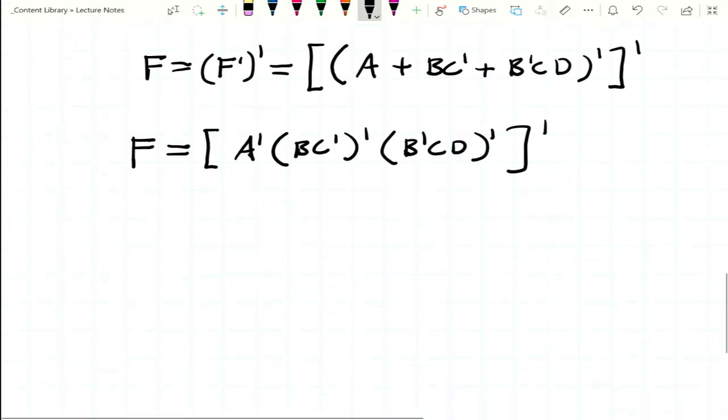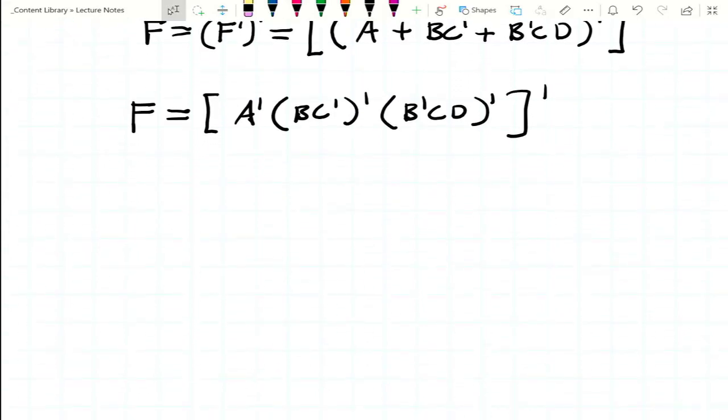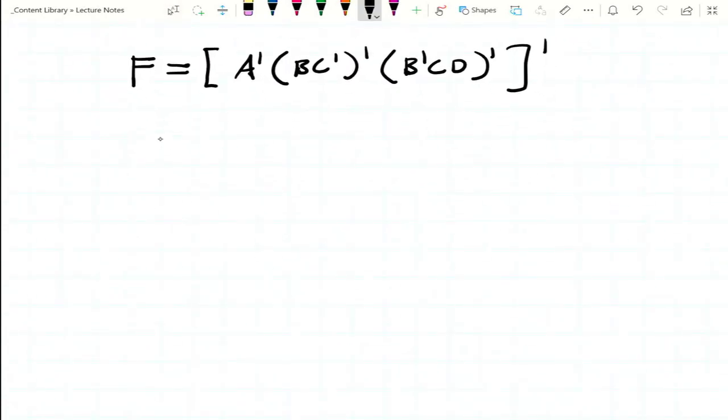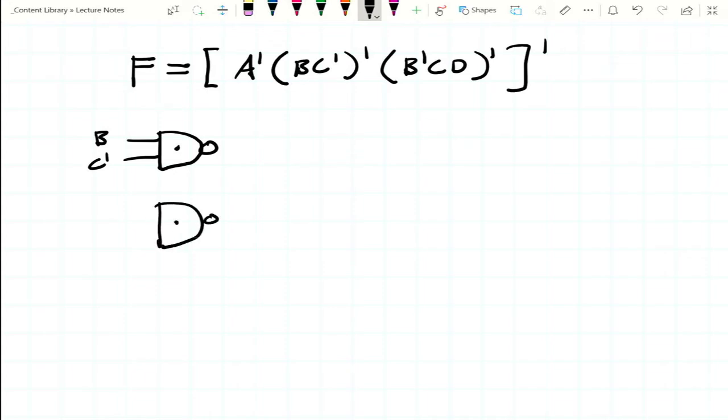So we're going to draw this circuit. Well, it's going to look a lot like the circuit we started with. So we're going to replace everything with NAND gates. So we'll have a NAND gate that has B and C prime, and a NAND gate that has B prime, C, D, which will then feed a pretty sloppily drawn NAND gate.